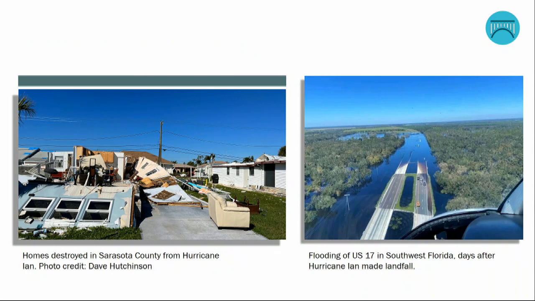Of course, that hurricane brought nearly 20 inches of rain. If you ever think about an older mobile home in an area that's subject to hurricanes, I'd recommend against it. And you can see some of that flooding on the right as well.